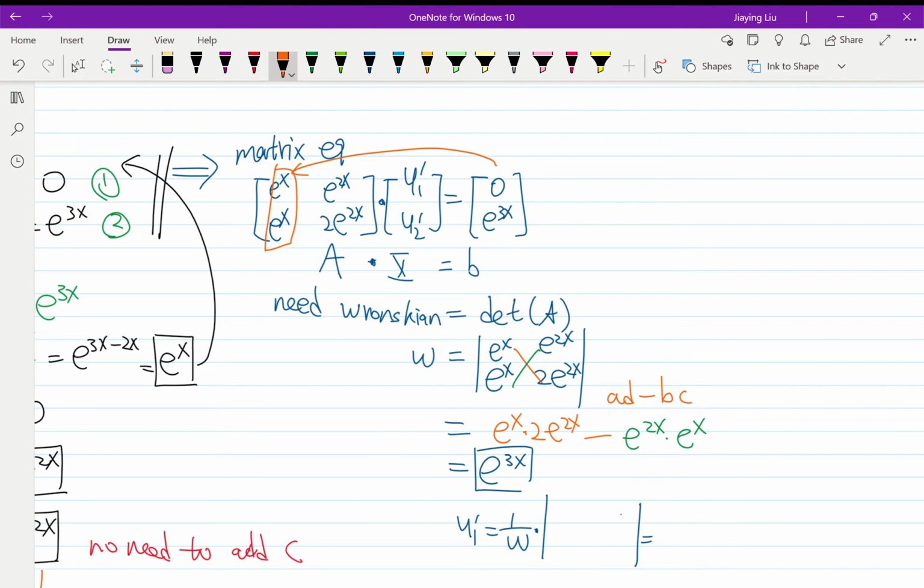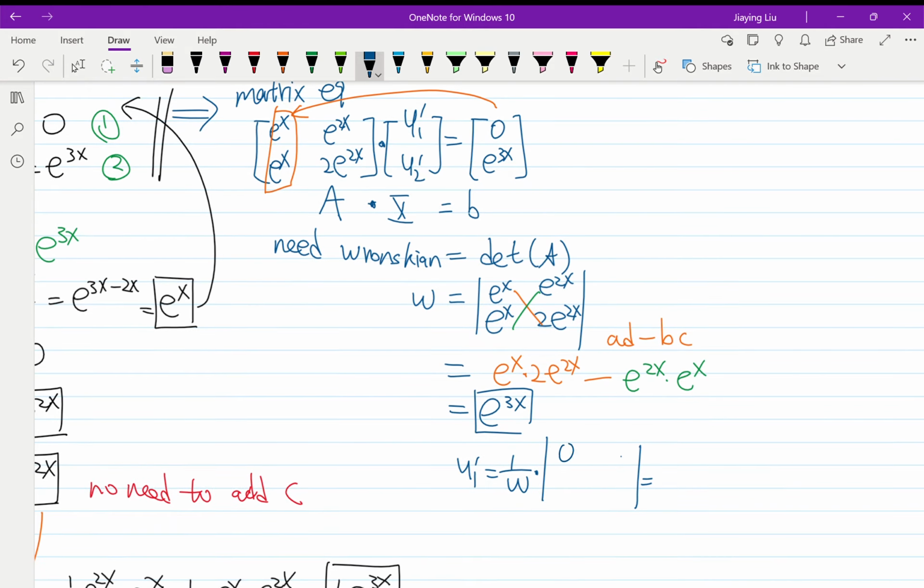So that will be 0, e to the 3x. And then the second column just stays the same: e to the 2x, 2e to the 2x. And this will tell us what the first variable is.